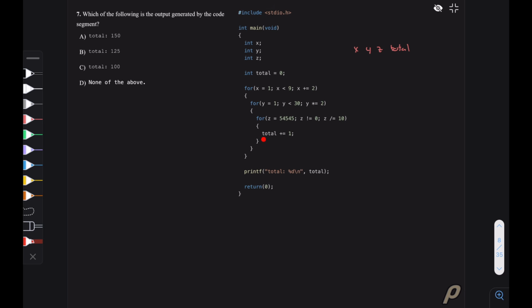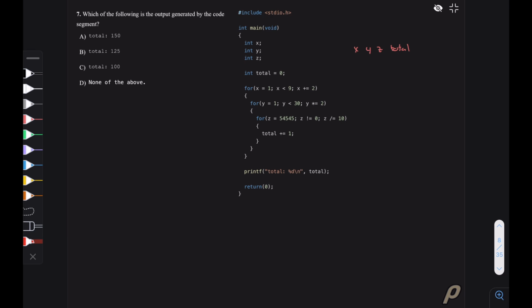So effectively what this is doing is it's counting the number of times that we loop. So this for loop will iterate a certain number of times, and then on every single one of those iterations, this will iterate a certain number of times. Then on a certain number of these iterations, this will iterate a certain number of times, and then every time we add 1. So basically we have to figure out how many times this loop runs, and that will be our total. And so that will be what we get printed out here at the very end.